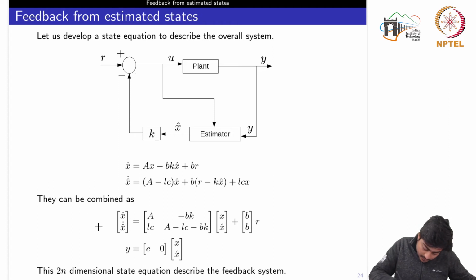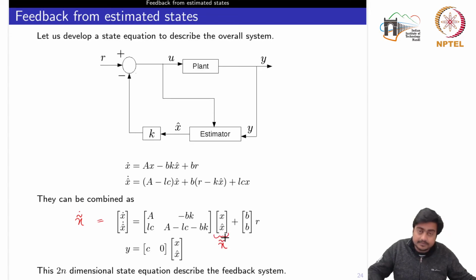It's better to define it, so let's call it x tilde. So x dot equals Ax, this term, minus BK x hat, plus Br. Okay, this is the first equation.